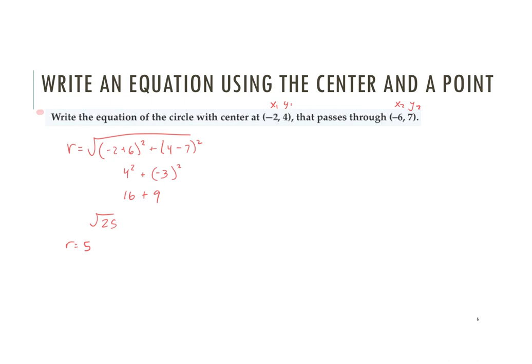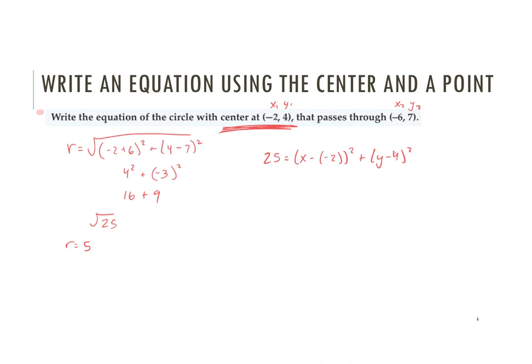So now that we know R, we're going to find our center, which is right here. I'm going to take this information and plug it into the equation. So R squared is 25 is equal to X minus H, so that's going to be X minus negative 2 squared plus Y minus K, Y minus 4 squared.